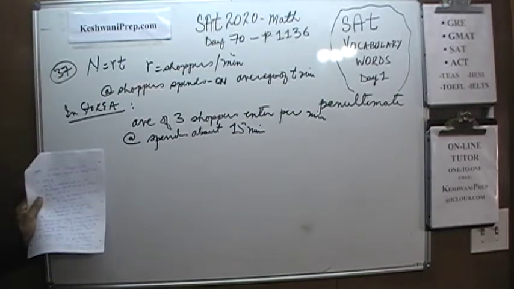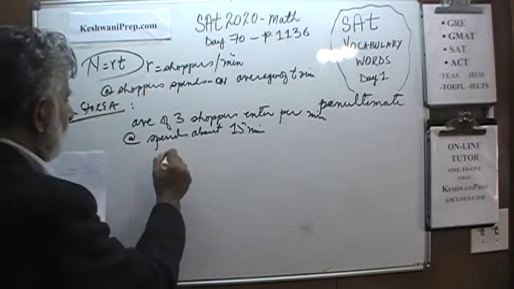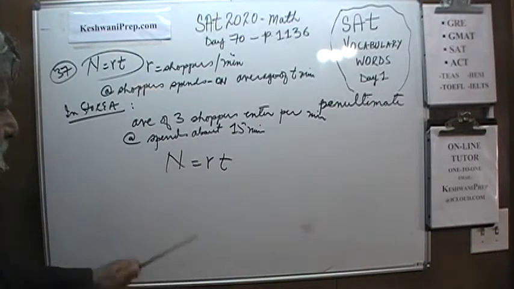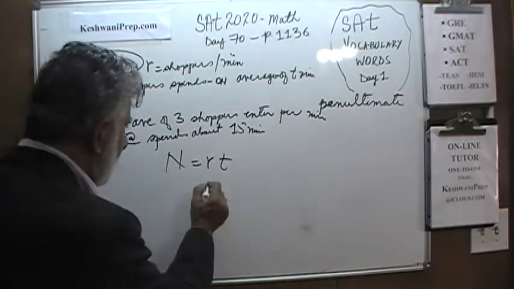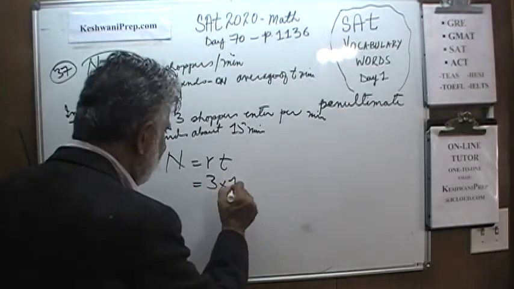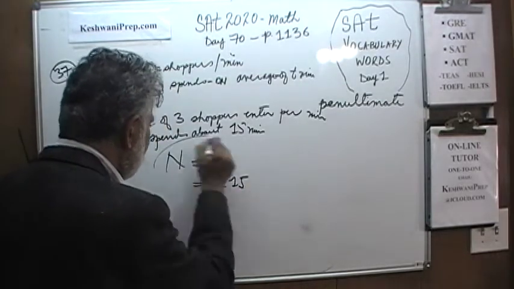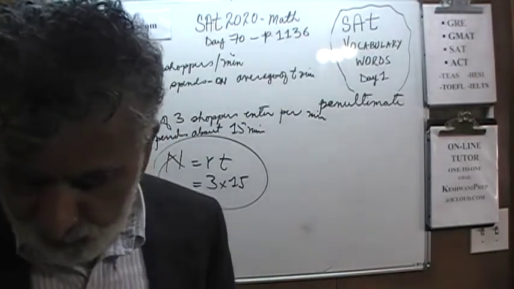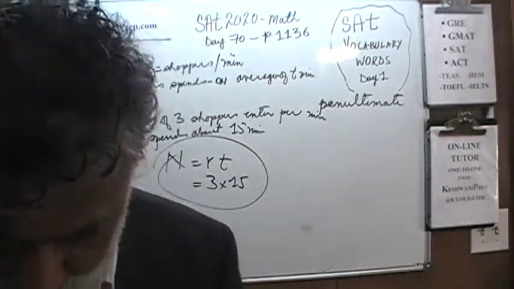Well, that's very straightforward, which means that since N is equal to R times T, and we know that 3 shoppers enter per minute, that's our R, and on average they spend 15 minutes, which means in store A we'll have about 45 shoppers in the store at any given point in time.